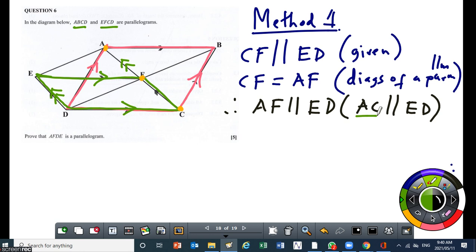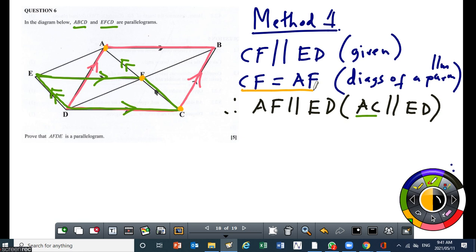So we now have a pair of opposite sides that are parallel. That is, AF is parallel to ED. Now we need to prove that AF is equal to ED. Okay? So I already wrote here that CF is equal to AF because they are diagonals of a parallelogram that bisect.